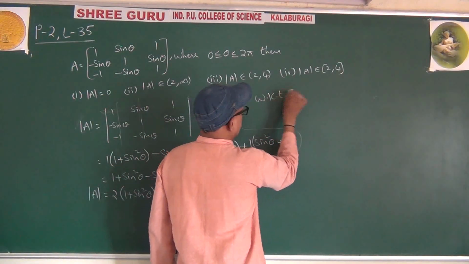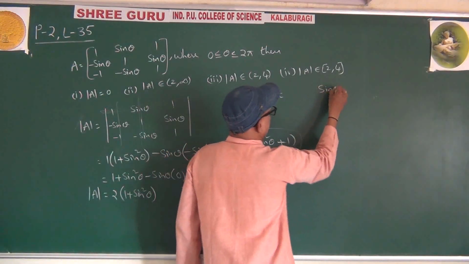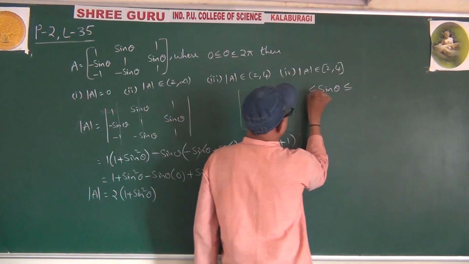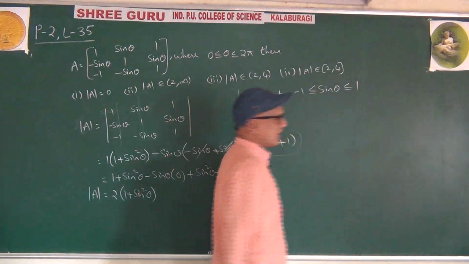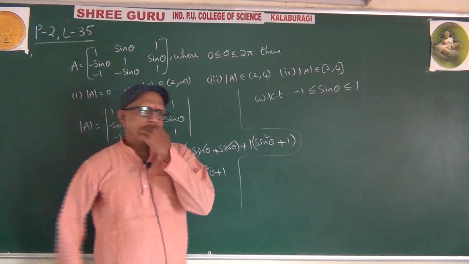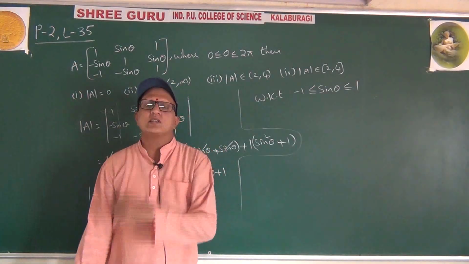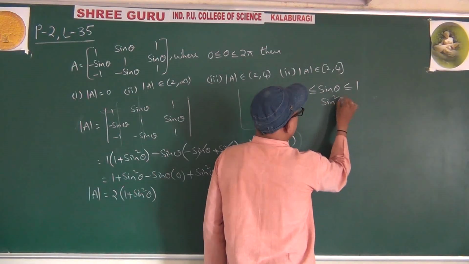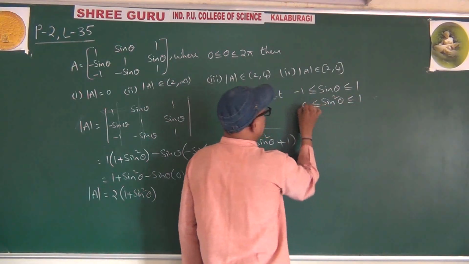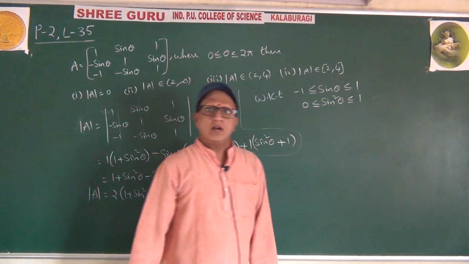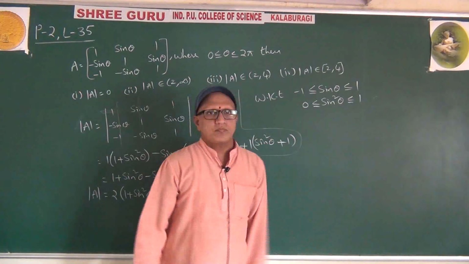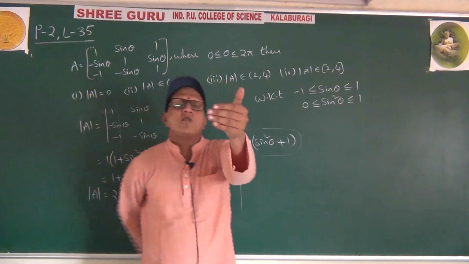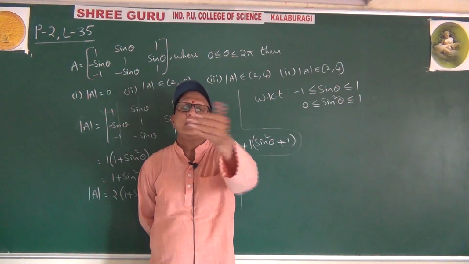We know that sin theta lies between minus 1 and 1. Sin square theta lies between 0 and 1. How does it become that?